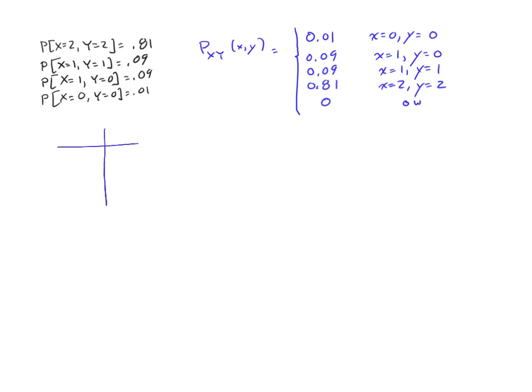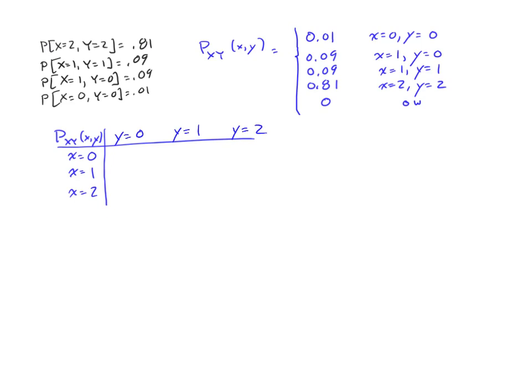One of those ways is using a table. So you write the joint PMF of x and y in the corner, and on one axis of the table, you label the possible values of x. And on the other axis, you label the possible values of y.